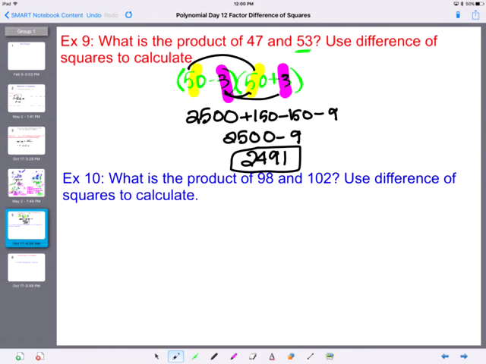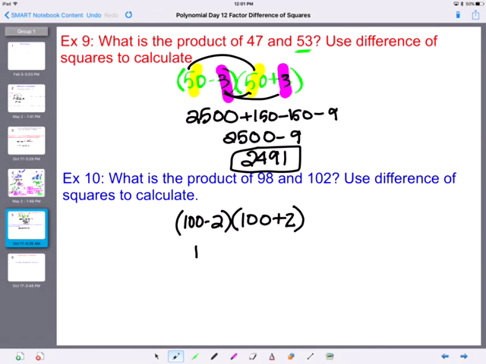So if we have, or they ask us, what is the product of 98 and 102? Well, in my head, it's very difficult to multiply 98 times 102. But if I rewrite 98 as 100 minus 2, and I think of 102 as 100 plus 2, 100 times 100, do I know what 100 times 100 is?